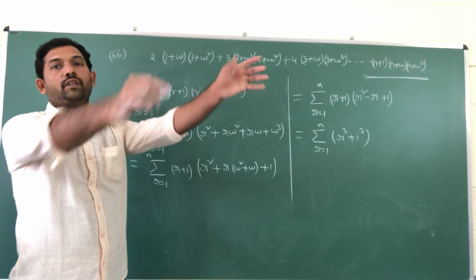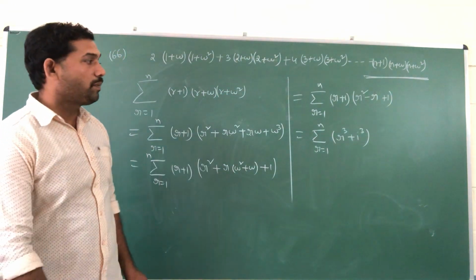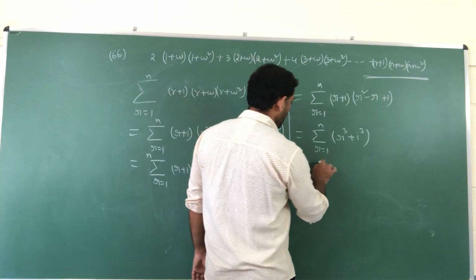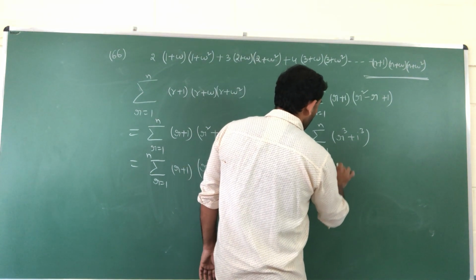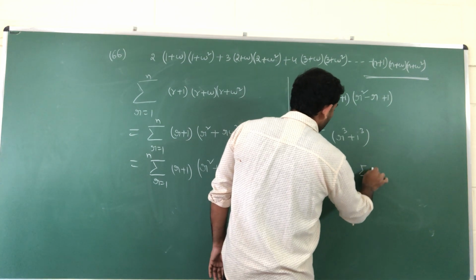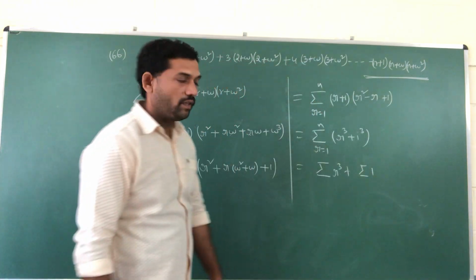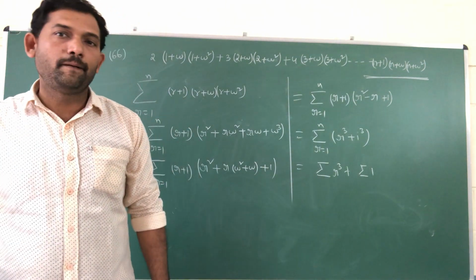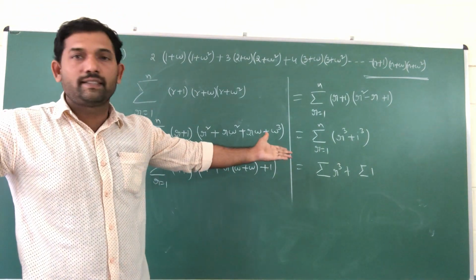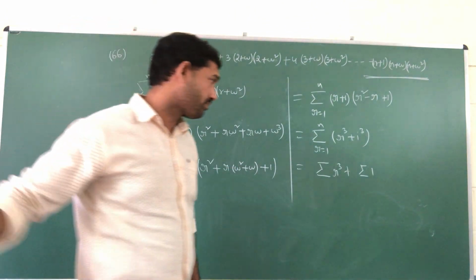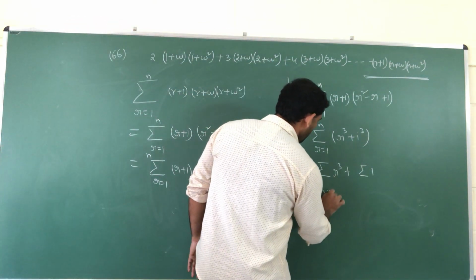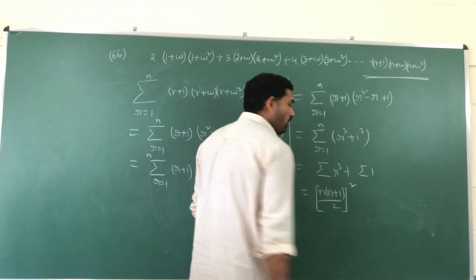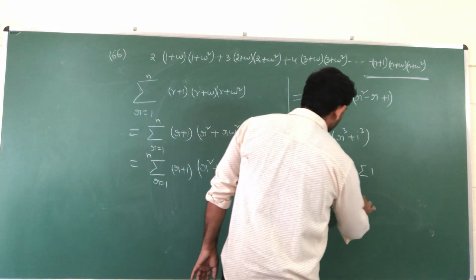A cube plus b cube formula, already you know that. So now expand: sigma r cube plus sigma 1. 1 cube means 1. Sigma r cube value, in mathematical induction problems, sigma n cube value is what? n into n plus 1 divided by 2, whole square, plus sigma 1 value.